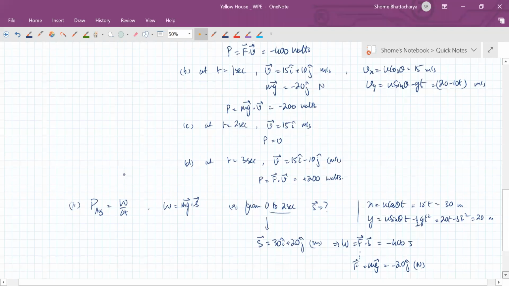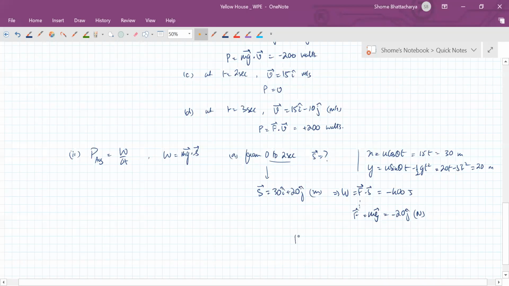So from that we will see that the average power is this much.